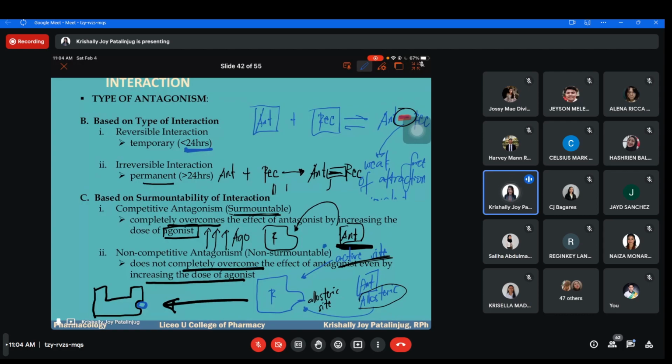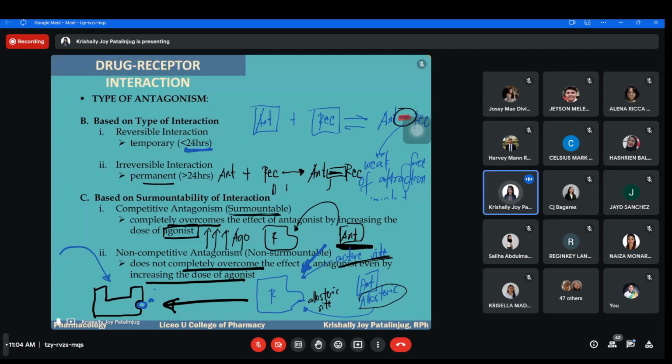Diba? So magkaiba yung initial, then yung pag-bind na ng allosteric antagonist, na iba na yung stereo conformation ni active site.